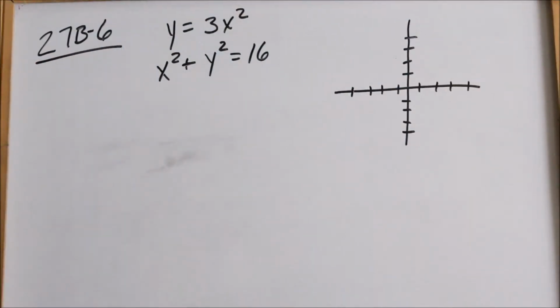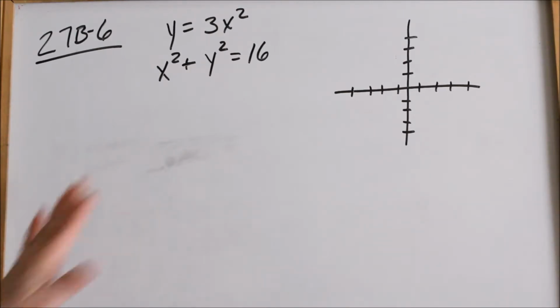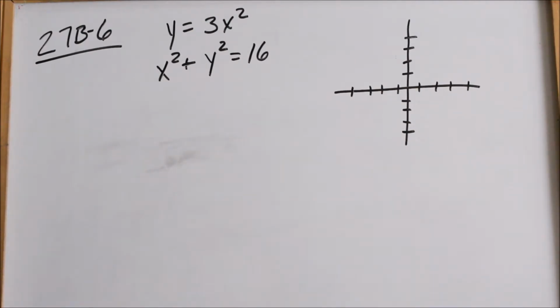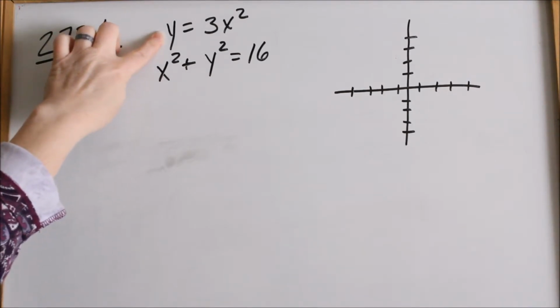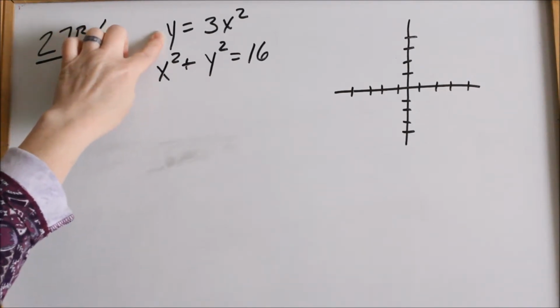Okay, we're on 27b6. Just to tell you, there is no set way to do every one of these problems the same. They're all going to be a little different. But you just have to know the idea of graphing the equation and then either using substitution or elimination to calculate the actual coordinates. So here, the equation y equals 3x squared, I recognize that that's a parabola.